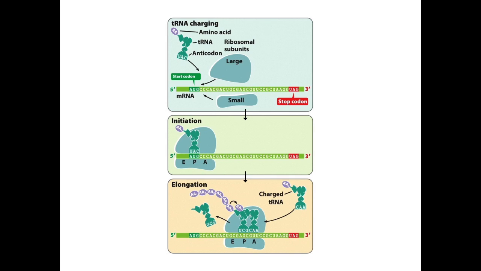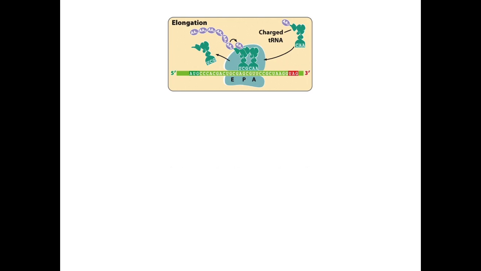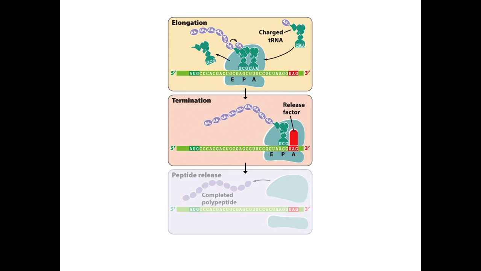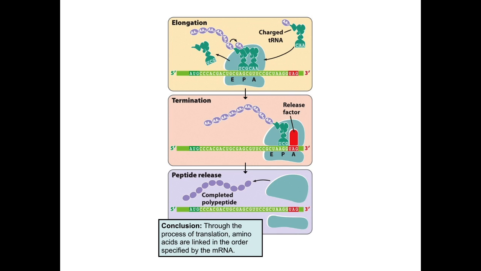As elongation continues, you get the formation of a polypeptide chain. This continues until you reach a stop codon, and then the peptide is released, and you have a completed polypeptide. So in this way, amino acids are linked in the order specified by the mRNA.